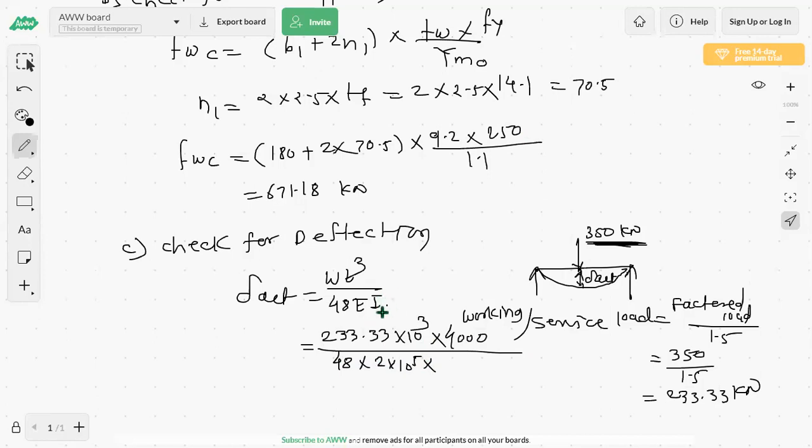So here moment of inertia about Ixx we have to take, because the beam is like this. Like this your section is there. Are you getting? So this is an I section along the length.